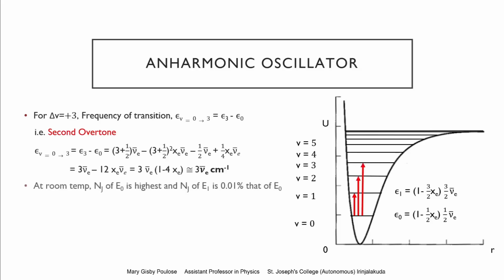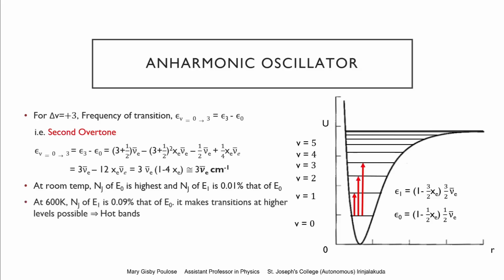Now, at room temperature, the population Nj of the ground state E naught is highest, whereas the population Nj of the first energy level E1 is 0.01 percentage that of the E0 level. It's a very small fraction. Now, when we heat the sample, let us assume that the sample is heated to 600 Kelvin.